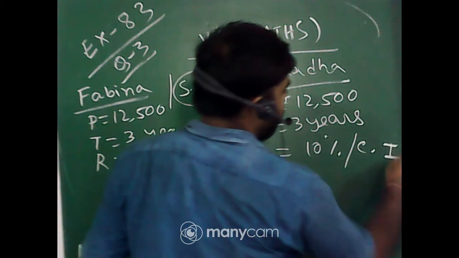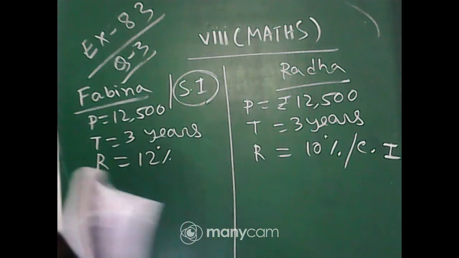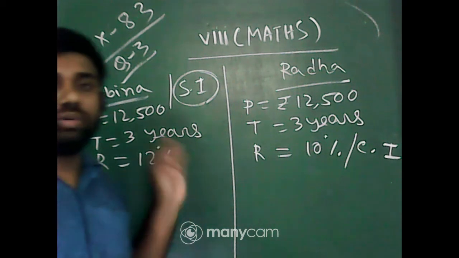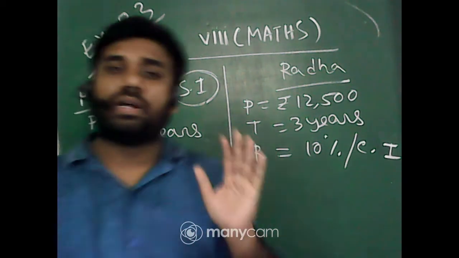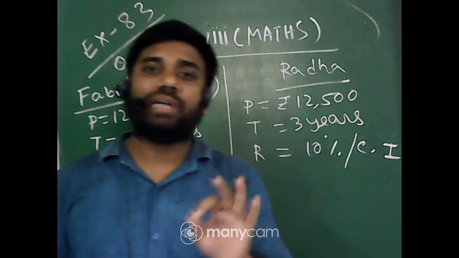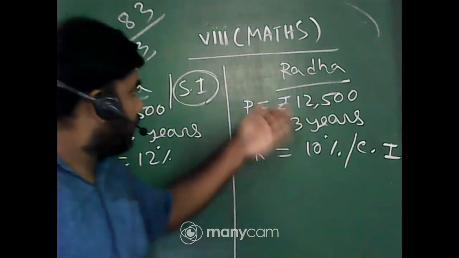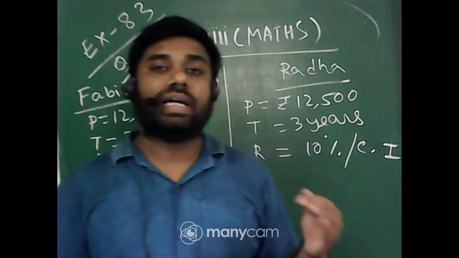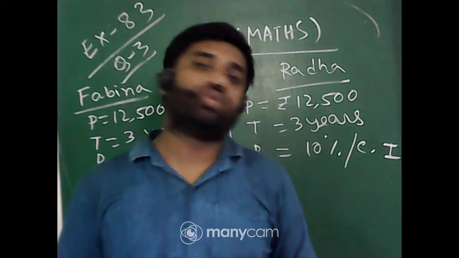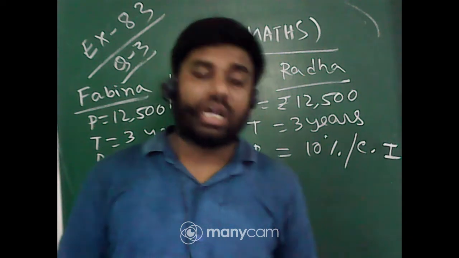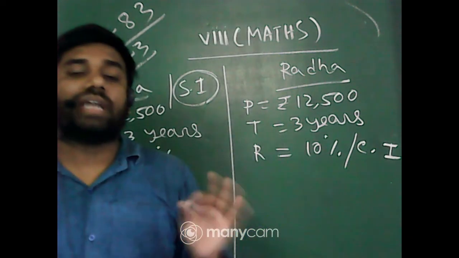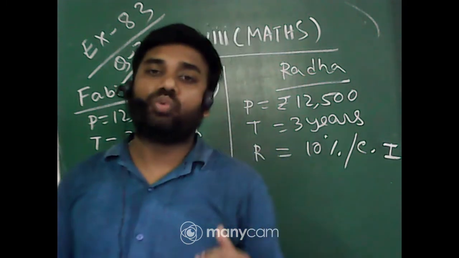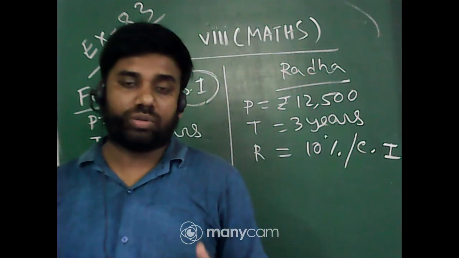For finding the interest, in the case of Favina we will apply SI equal to PRT by 100, and for Radha, A equal to P into 1 plus R by 100 whole to the power n. After calculating the simple interest and compound interest, we will identify who pays more.